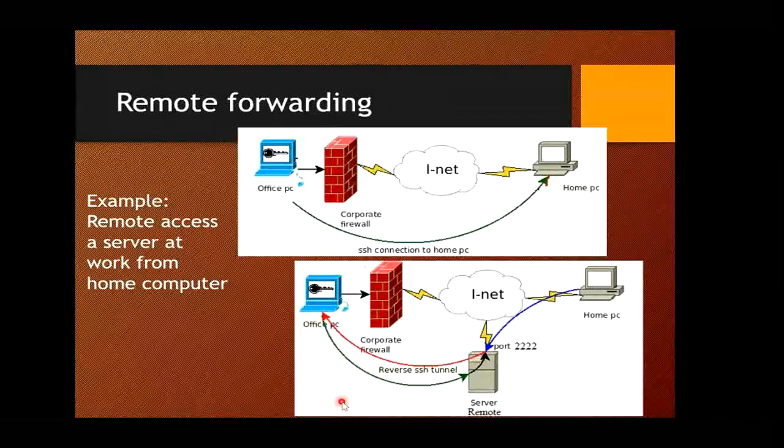So you can see that you have an SSH tunnel that can be used to remotely log in to your work PC or the office PC. So this is regarding remote forwarding. You can see the difference here in terms of the presence of the remote server, whereas when you looked into local forwarding, you didn't have the presence of the remote server there.